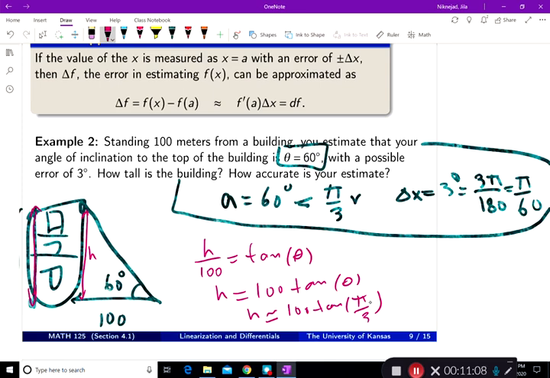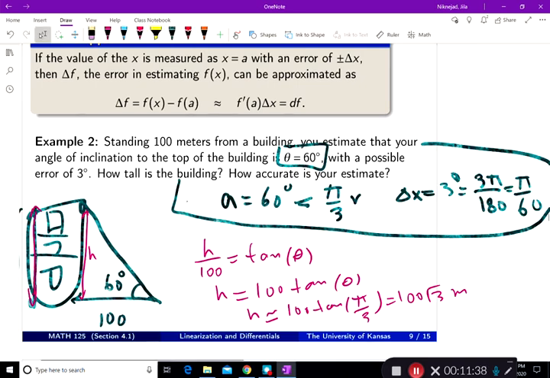Sine of pi over 3 is square root of 3 over 2, cosine of pi over 3 is 1/2, so tangent of pi over 3 is square root of 3, so it's 100 square root of 3 meters. Okay, so that's a nice piece of information. What else do I need? It's asking how accurate your estimate is. And how do I find the accuracy of the estimate? I have to figure out what delta y is.